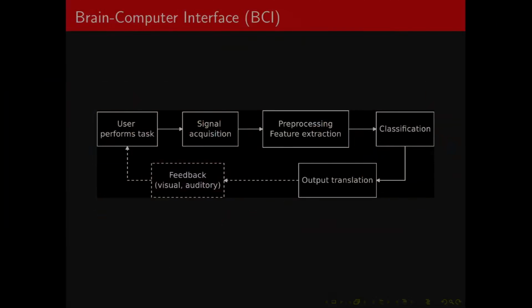The task can be thinking, for example, to have some input. If it's used to drive an electric wheelchair, for example, it could be a thought to go forward. The EEG signal has to be acquired. I'm not going to talk about that. I'm more focusing on the pre-processing of the data and the feature extraction.